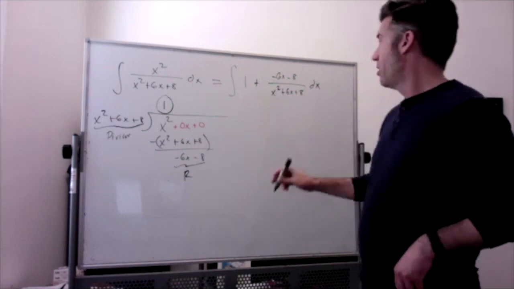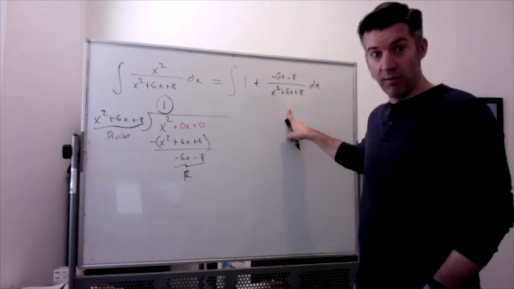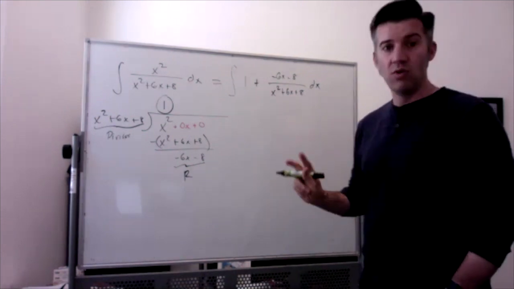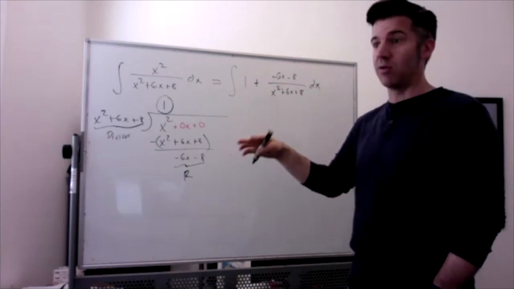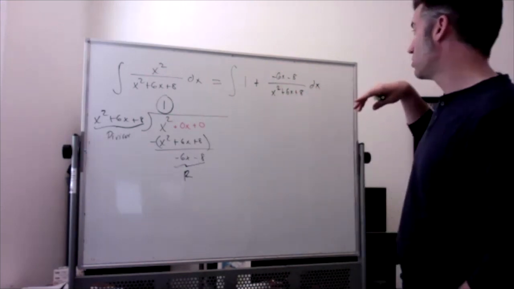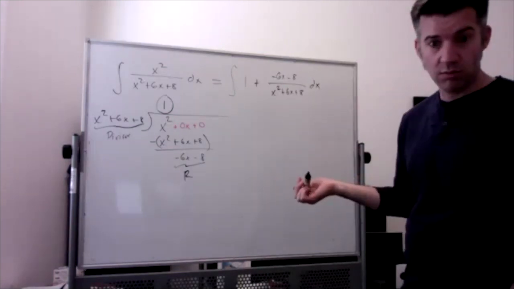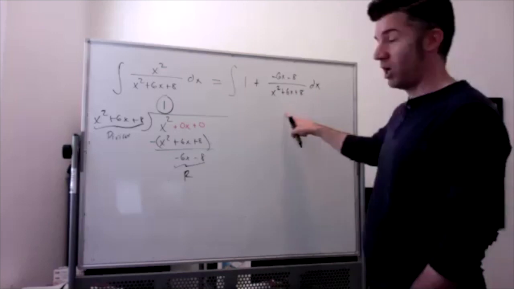Things like that. The remainder divided by the divisor is where we usually have to do a bit more work. So usually one of two things will happen for this leftover part here. It'll either be a u substitution, or it'll be partial fractions. I'm going to check for a u sub.